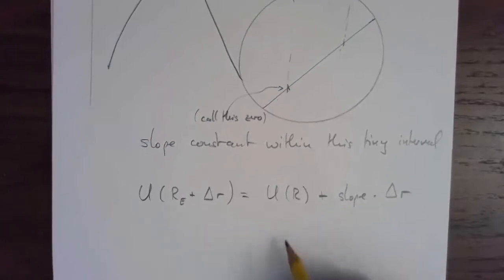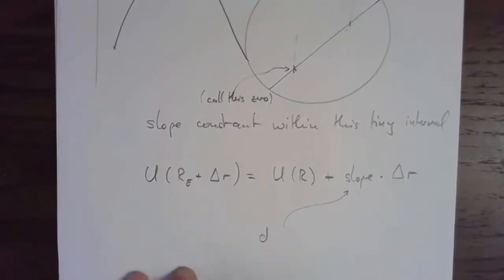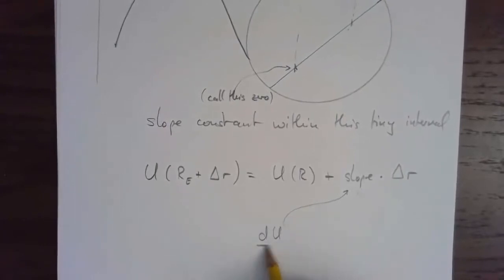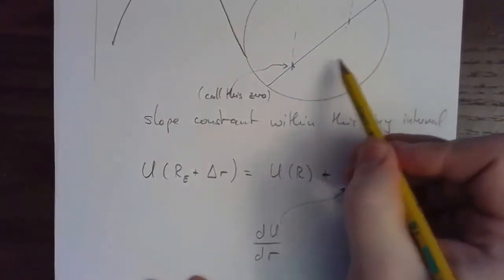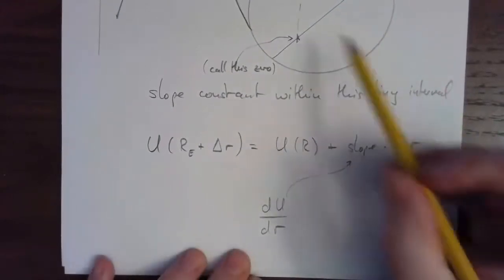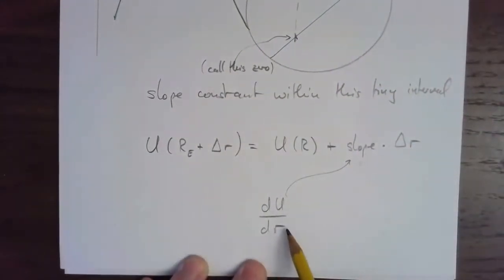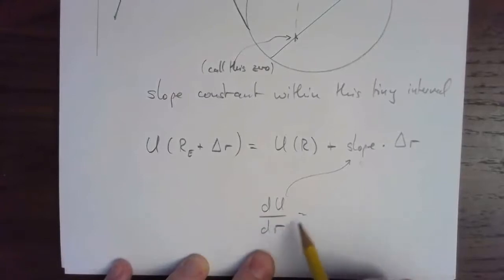What is the slope? Well, the slope is dU/dr, by definition of slope. Or we can think of it as the rise over run calculated this way. That'll work too, with some approximation. Right? So let's take the derivative, and well, that's actually just the force. I mean, we know what it is, right?